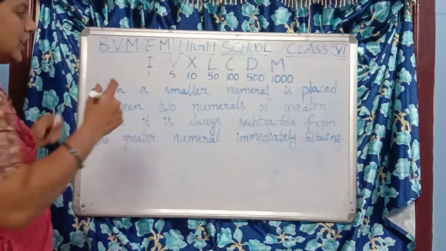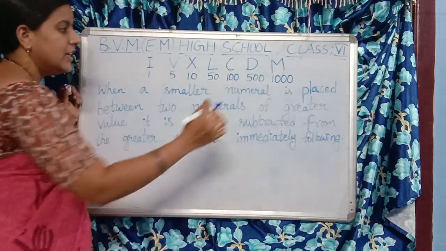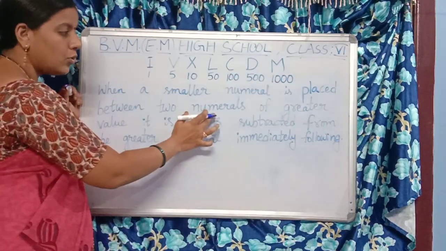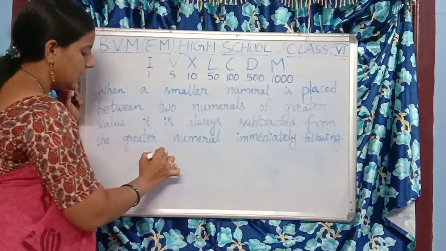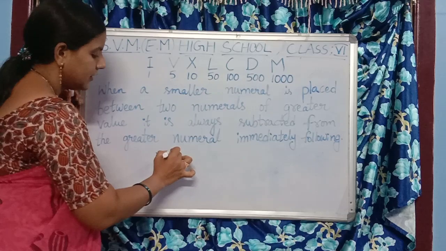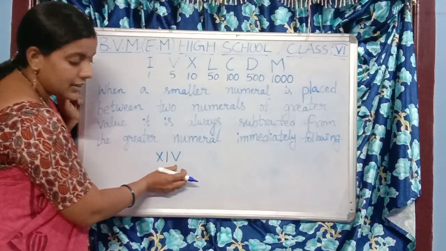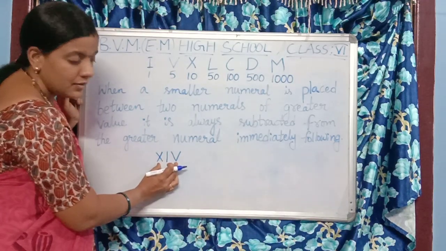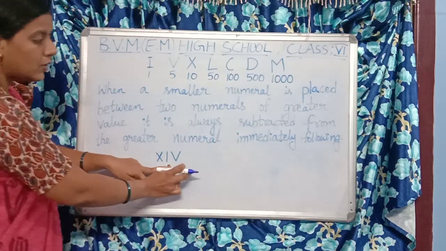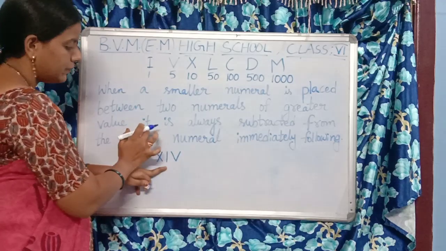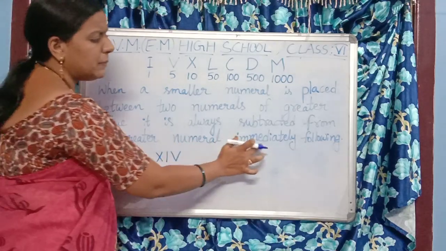Look children, take I placed between two numerals of greater value, X I V. Comparing these two, both are greater than I. The rule says it is always subtracted from the greater numeral immediately following.